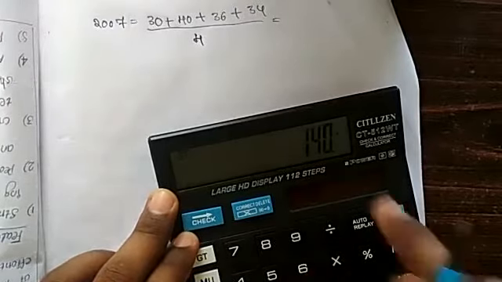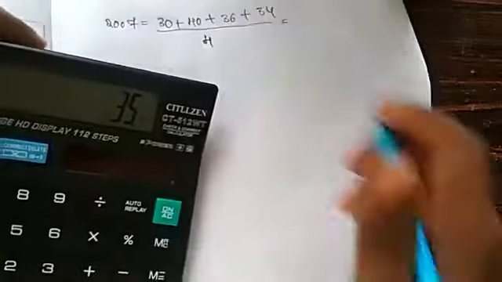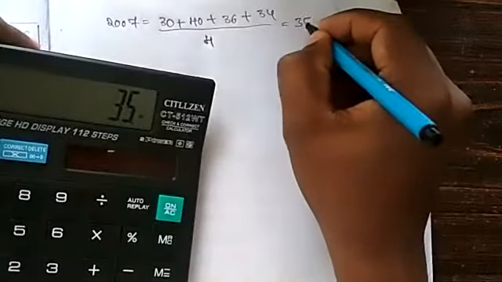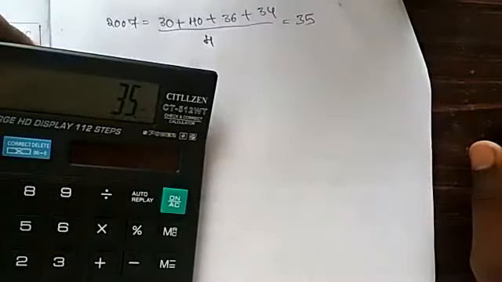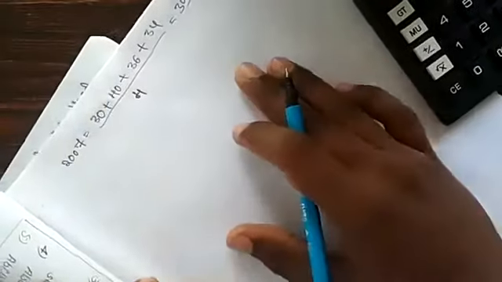So total 140, divided by 4, we get 35. For the year 2007, the value is 35. Likewise, you have to find out for all 5 years that are given.